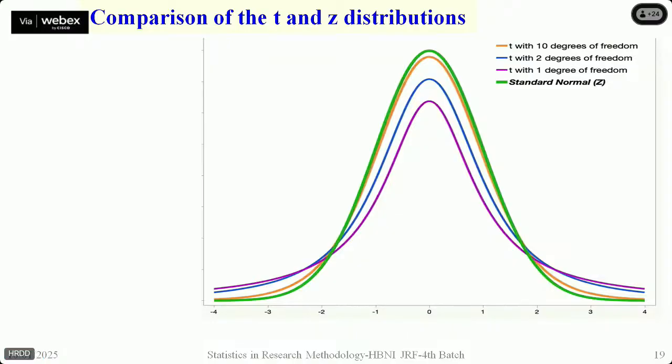When you go from green to yellow to blue to purple, you see that your tail portion is increasing, getting elevated, and at the same time, the peak maximum probability is decreasing. That means more and more data points are moving away from the center point.